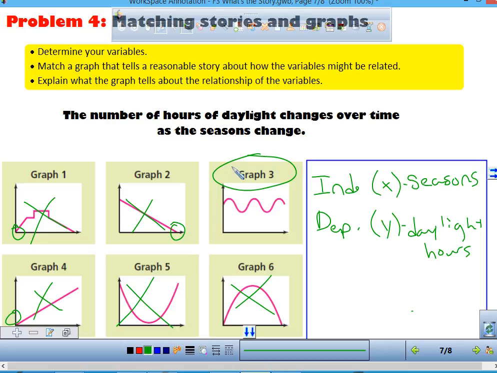Okay, maybe this is spring. Most hours of daylight happens in the summer. Then we go to fall. Least hours of daylight in the winter.